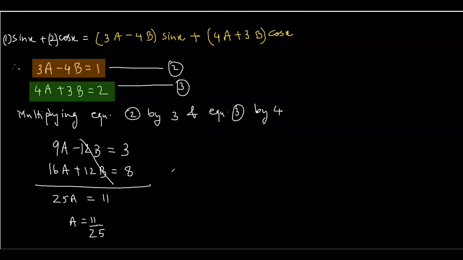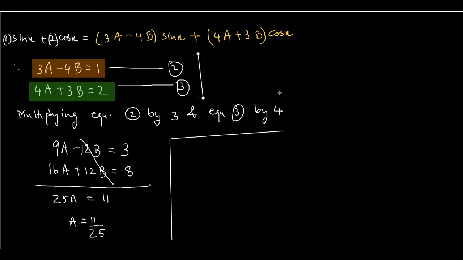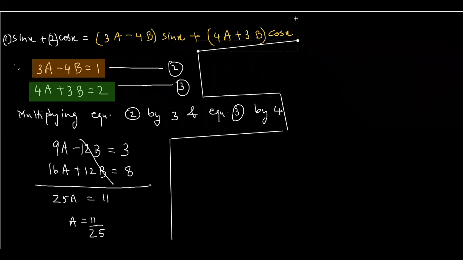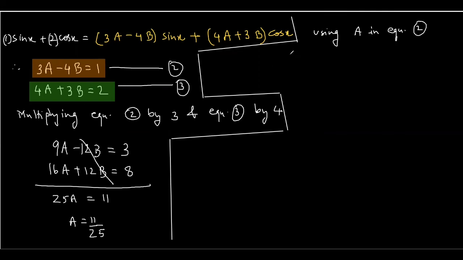Now what I do next is I use this A in any one of these equations to get the value of B. So I write here, using A in equation 2. So you get 3 times 11 upon 25 minus 4B equals 1.